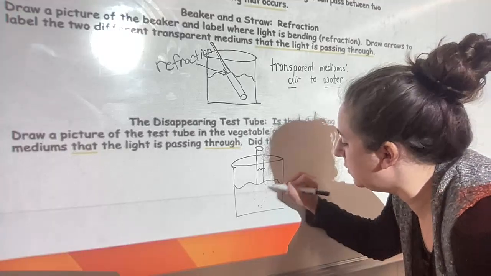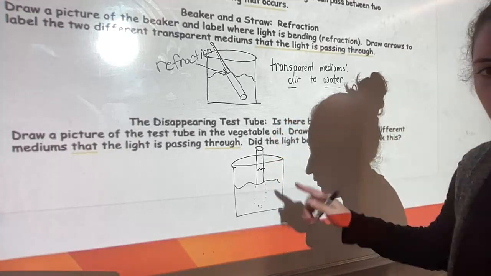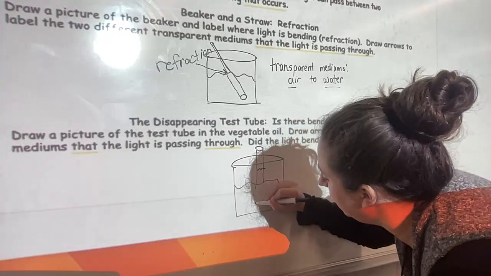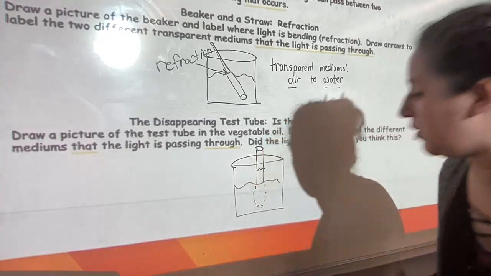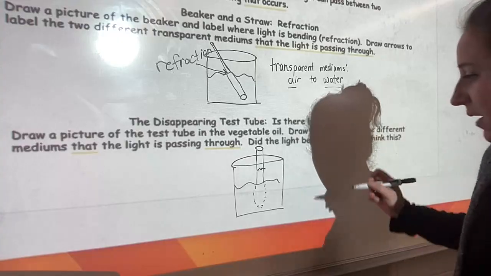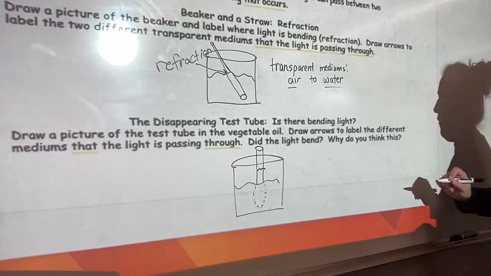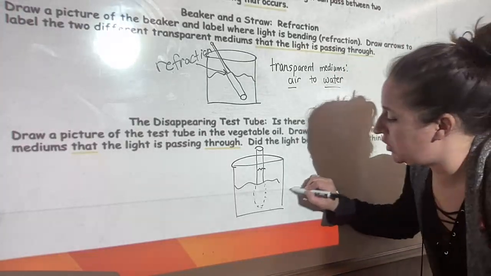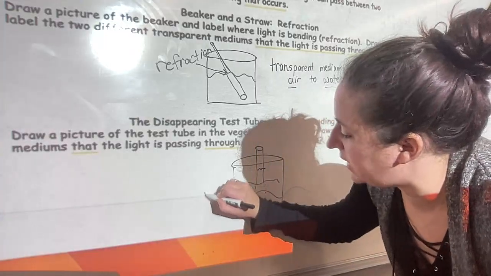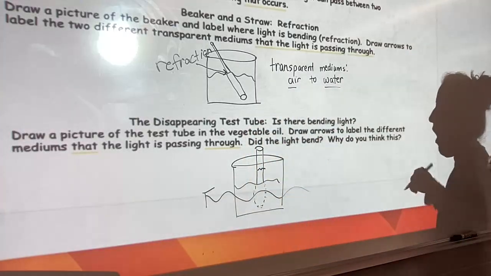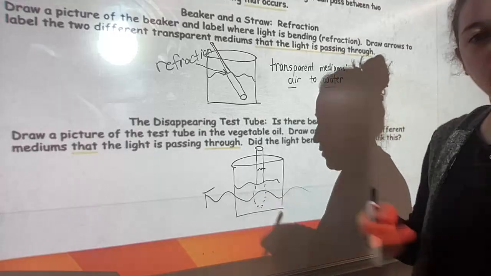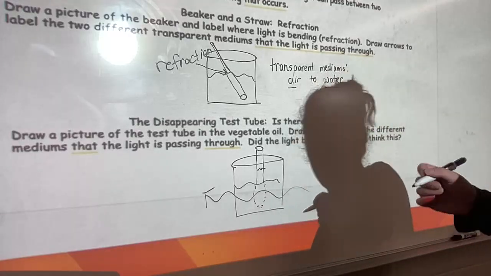So we know the test tube is there because we know how objects work, right? I kind of did a little dotted line here to show that's where the test tube should be, but we did not see it there because there's no change in speed. So in theory here, what's happening is the light is going through all at the same speed, even though there's new transparent mediums, and so there's no light bending here.